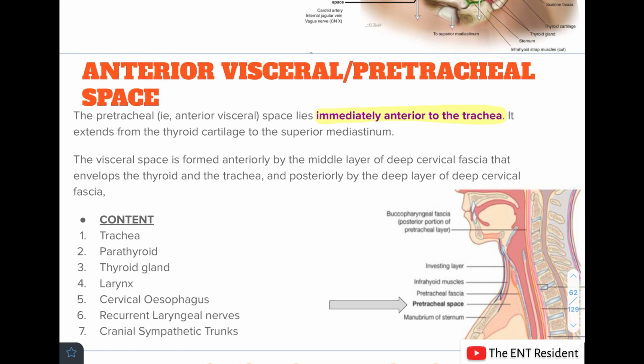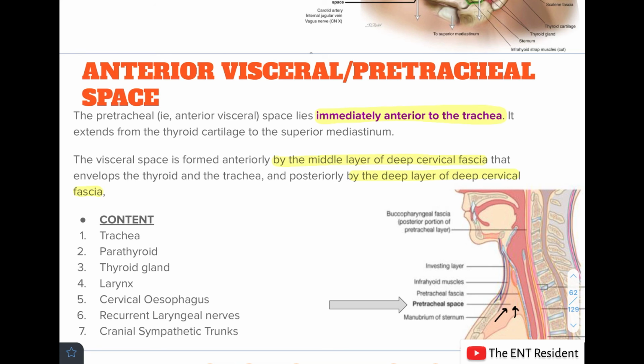The visceral space is formed anteriorly by the middle layer of the deep cervical fascia, which envelopes the thyroid and the trachea, and posteriorly by the deep layer of the deep cervical fascia. The contents of this space are the trachea, thyroid, parathyroid glands, larynx, cervical esophagus, recurrent laryngeal nerve, and cranial sympathetic chain. This here is the pretracheal space lying anterior to the trachea.